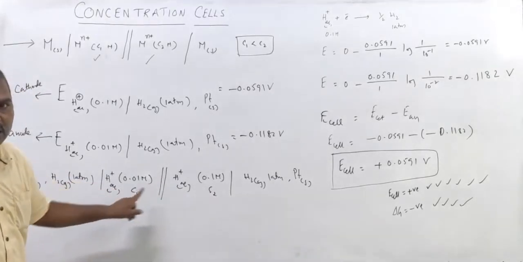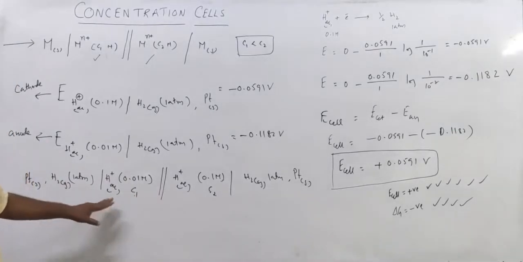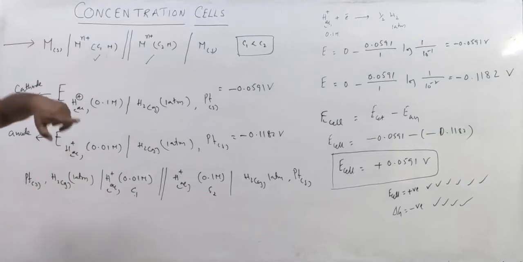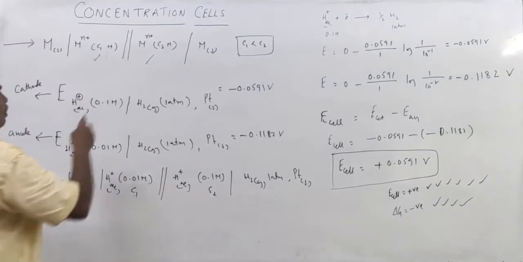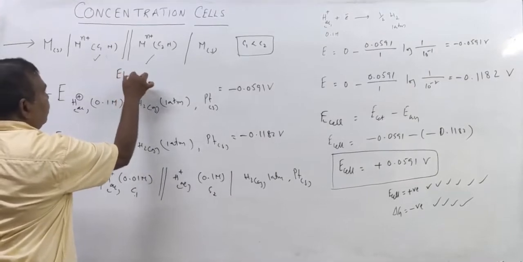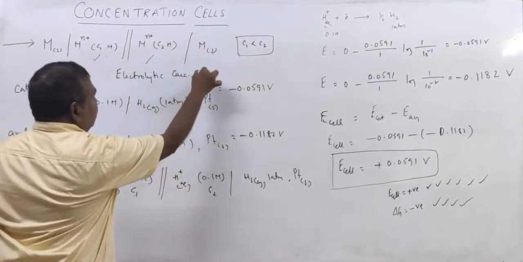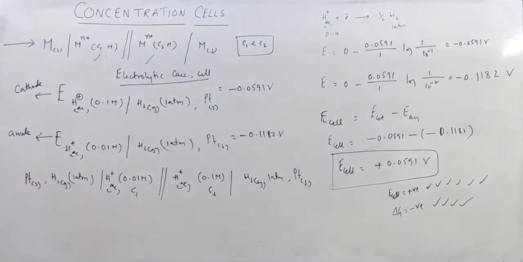They differ in the concentration of electrolytes. So therefore, this cell is an example of a concentration cell generally. In particular, it is called an electrolytic concentration cell. Okay.